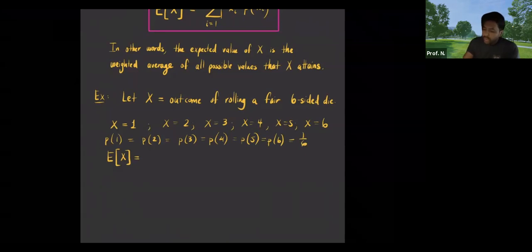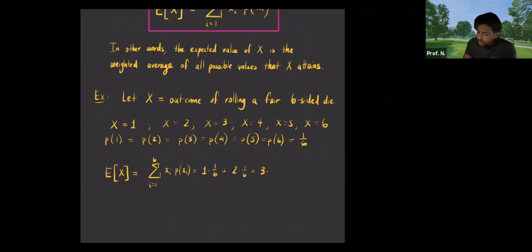So according to the definition of expectation, I'm taking the sum where i goes from 1 through 6, x sub i times the probability of x sub i. But that's the same as saying 1 multiplied by 1/6, plus 2 multiplied by 1/6, plus 3 multiplied by 1/6, plus 4 multiplied by 1/6, and so on.